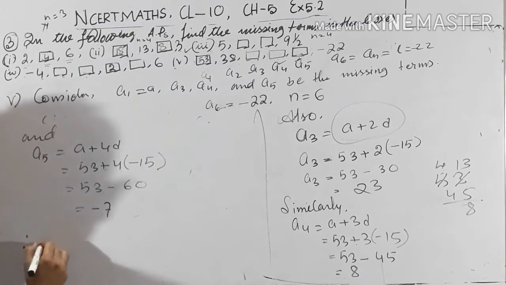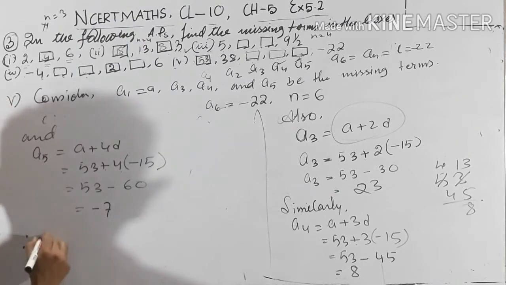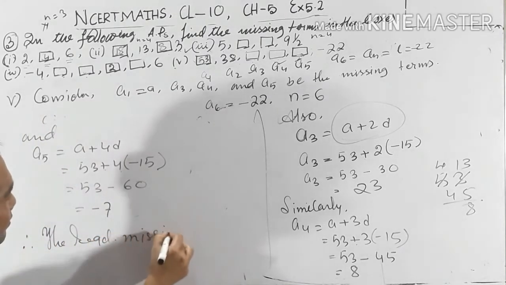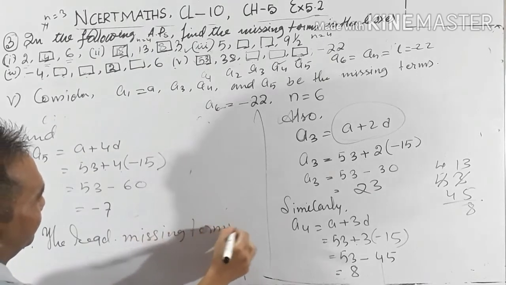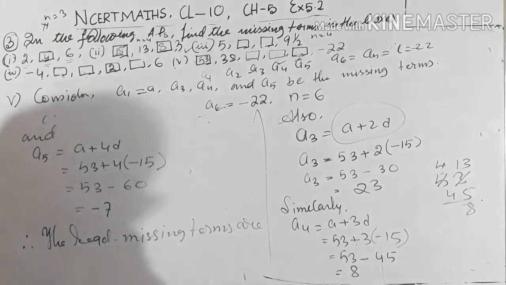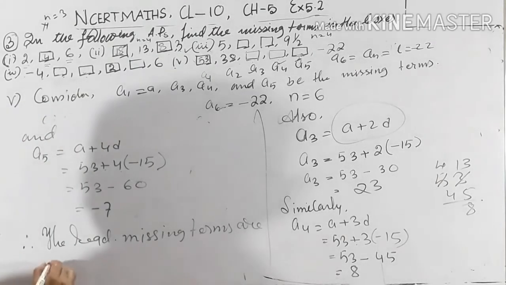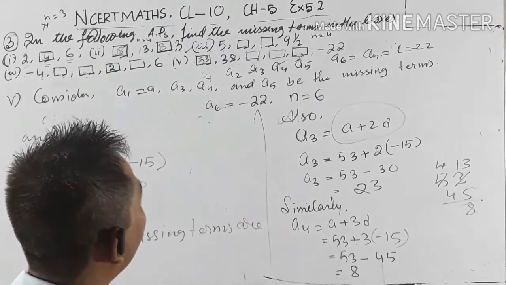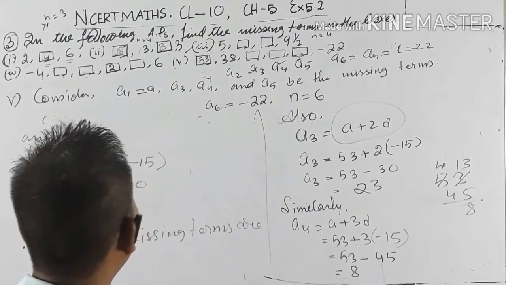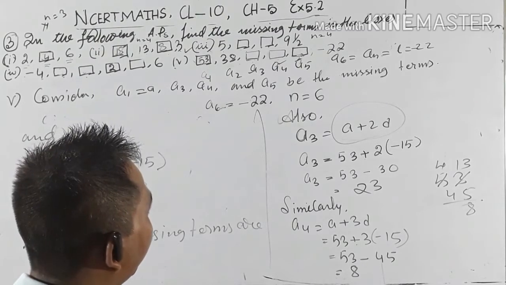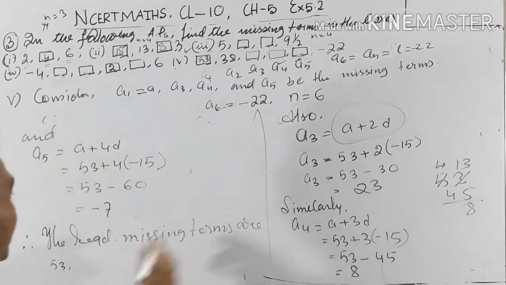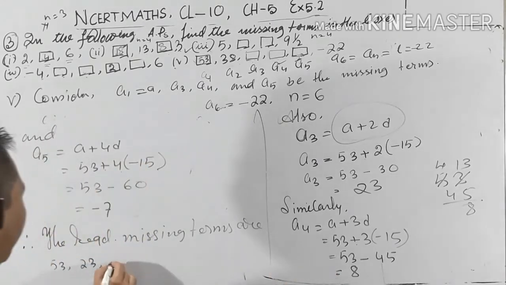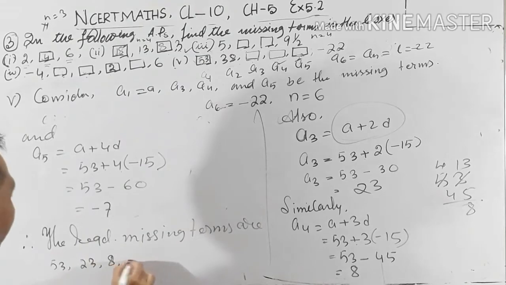Therefore the required missing terms are 53, and then a3 is 23, a4 is 8 and then a5 is minus 7.